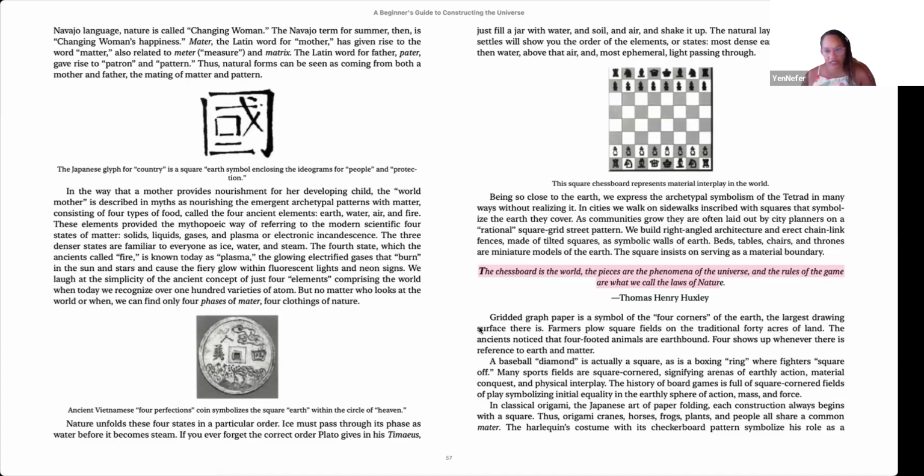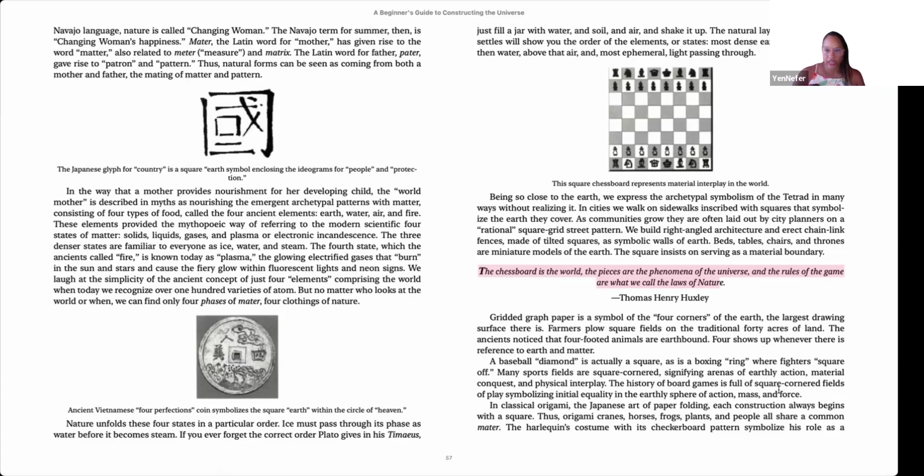A baseball diamond is actually a square, as is a boxing ring where fighters square off. Many sports fields are square-cornered, signifying arenas of earthly action, material conquest, and physical interplay.